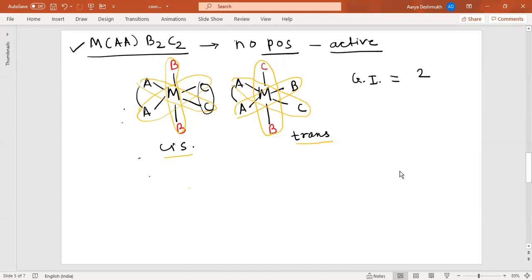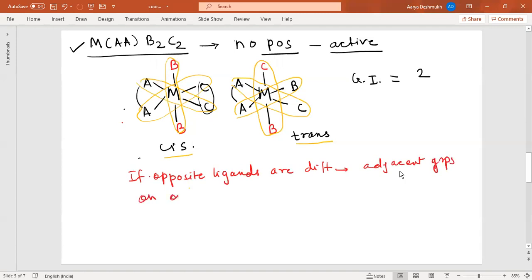If opposite ligands are different and the adjacent groups on one side are the same and on the other side different, then the complex will be optically active.